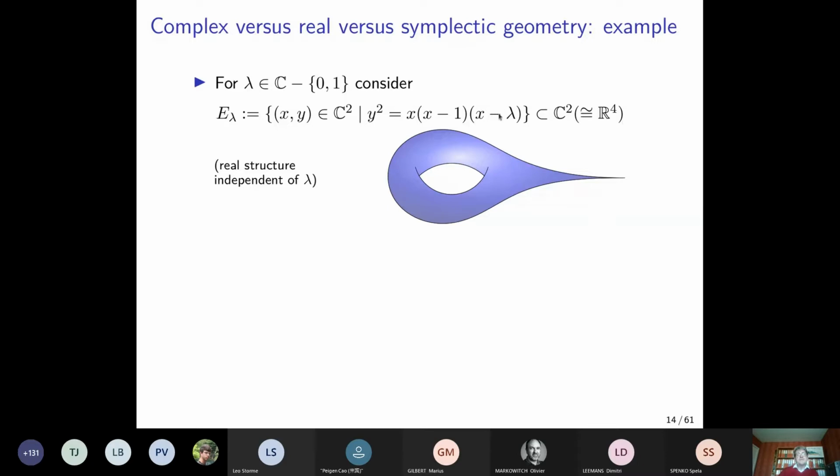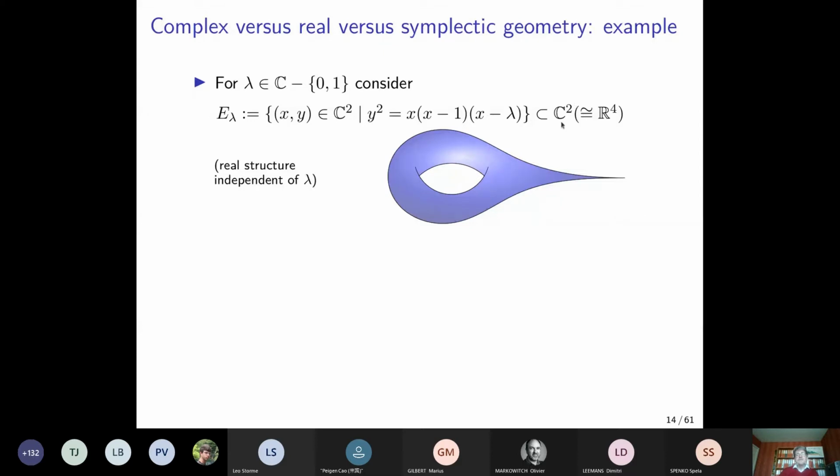And the subsets we will be describing by a single complex equation. But again, a complex equation has a real and an imaginary part, so it's actually 2 equations. So the E lambda, which we describe here, are described by 2 equations in 4-space. So they're actually surfaces. They're 2-dimensional objects.